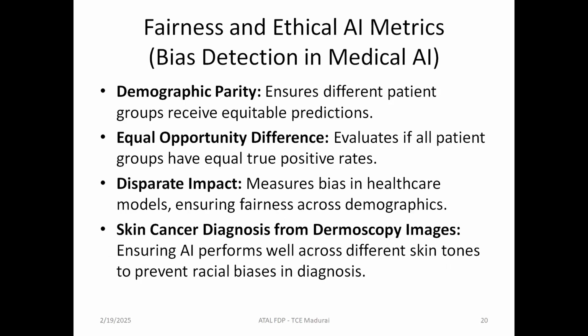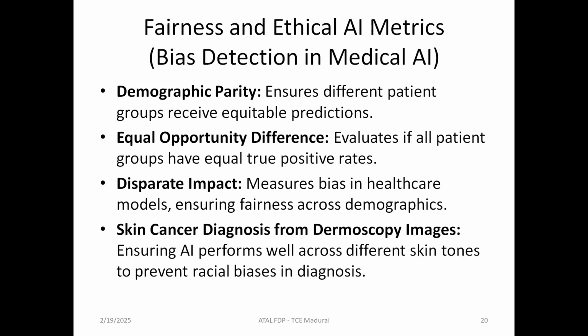So now we have the fairness and ethical AI metrics. One is demographic parity. It ensures that different patient groups receive equitable predictions. Suppose you are applying some deep learning models for classification of skin for Indian skin images, the thing is entirely different from foreign skin data sets.